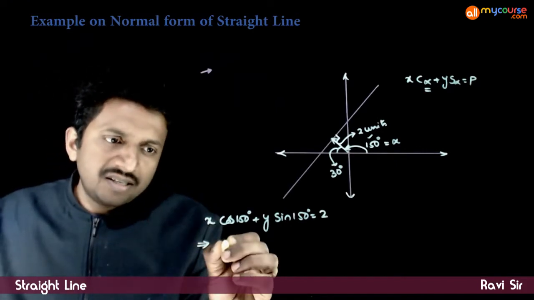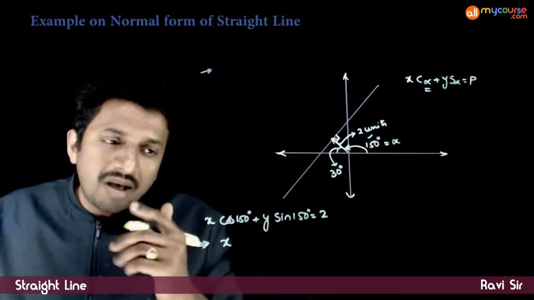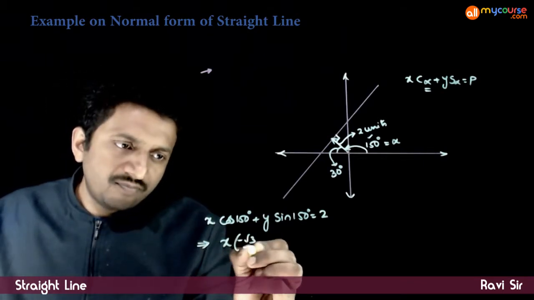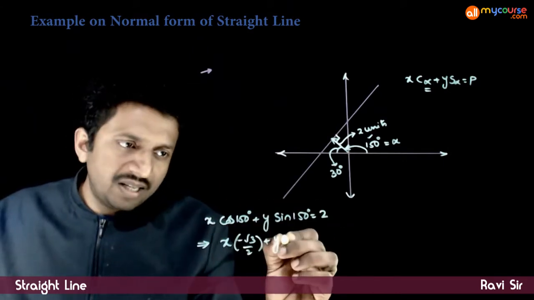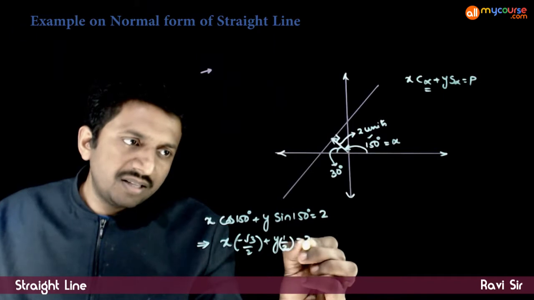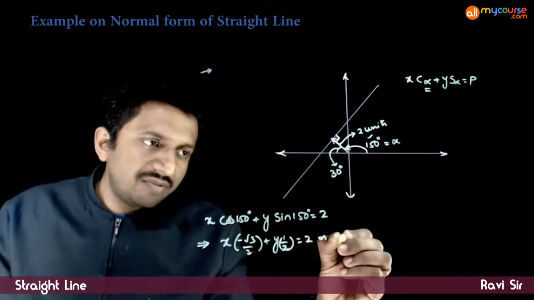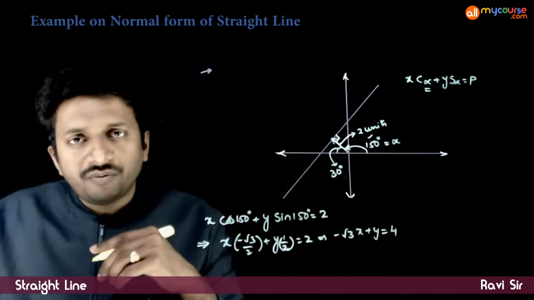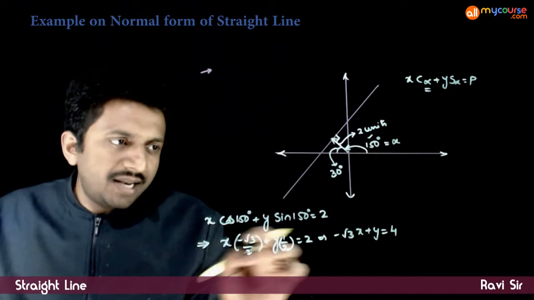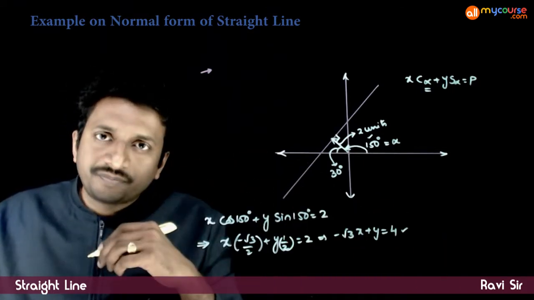This implies x times cos 150, which is minus root 3 by 2, plus y times sin 150, which is 1 by 2, is equal to 2. So the general equation of this line, if you take the LCM, is minus root 3x plus y is equal to 4.